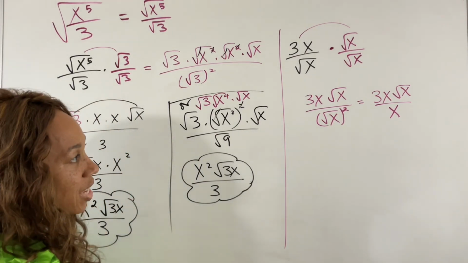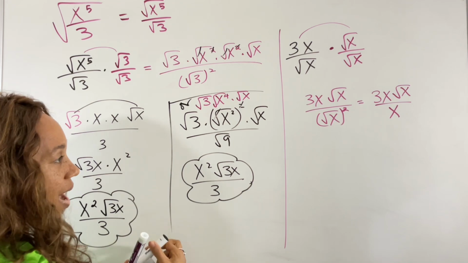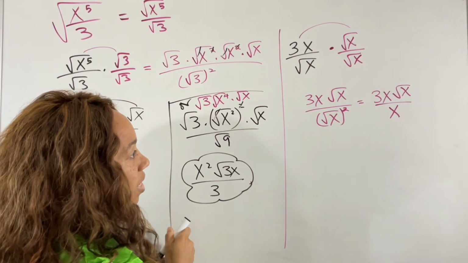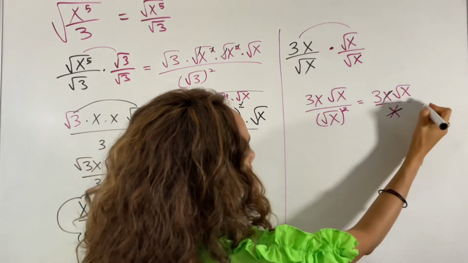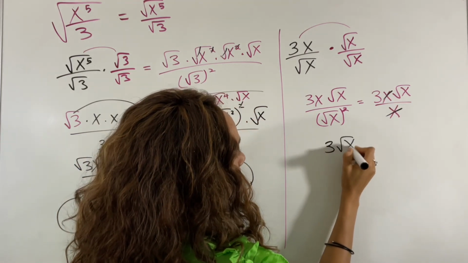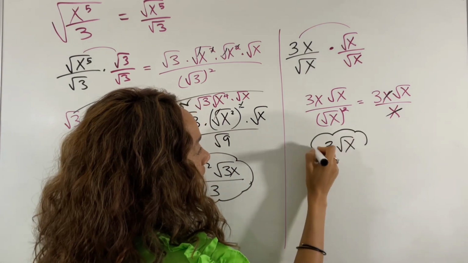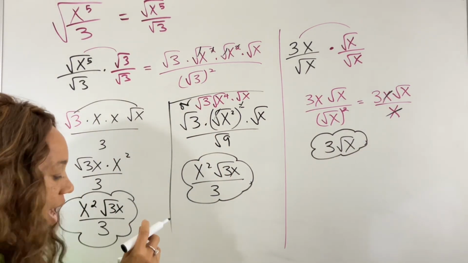And because you have that x right there and you have 1 above, you can simply cancel out that x. So your answer now is going to be 3 radical x. And you don't put over 1, you just leave it as that. So that is your answer for that.